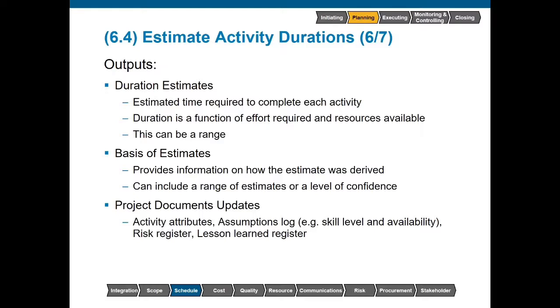And their overall availability. We might assume that we can have them for 10 hours per week, but that might not be the case. With the risk register, if we identify any areas of specific concern or uncertainty, we would definitely want to go ahead and document that. And any lessons learned that we are capturing as work is being done, so that way it can help us on future similar projects.